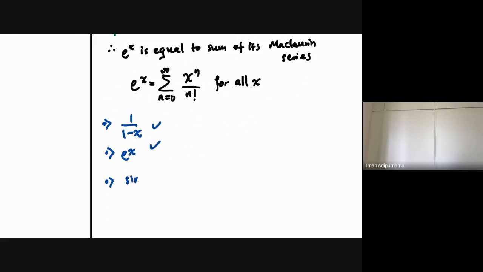You can try at home sine, cosine, and then tangent inverse, and then ln. The textbook also has binomial, but I think I will skip the binomial for you. You can try this, and this.